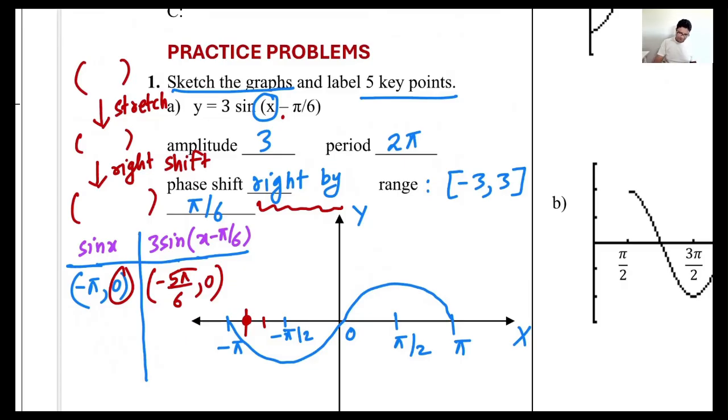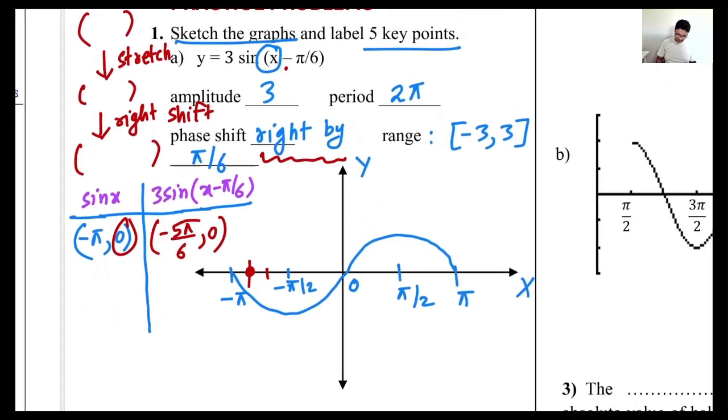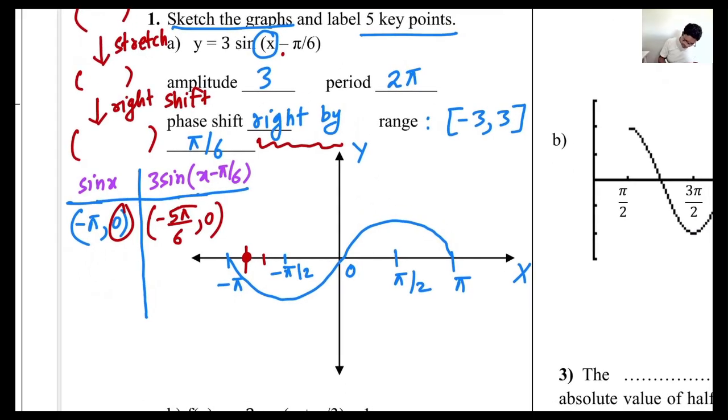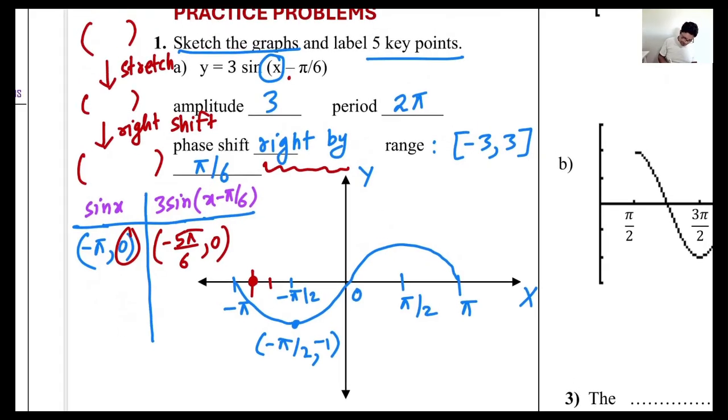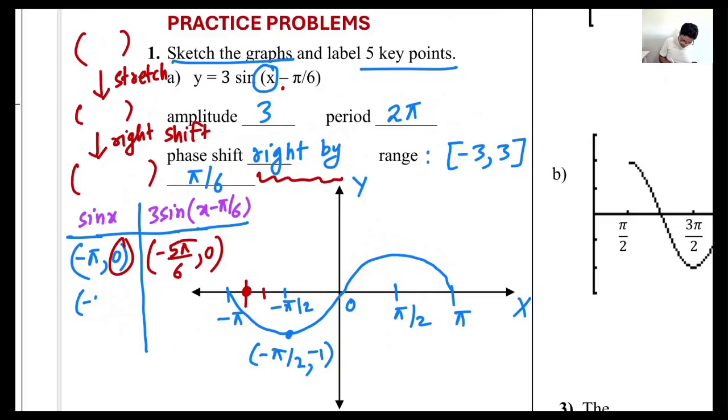And maybe I will also use a different color, so it will be clear. Now the next point you can take on the graph is at minus pi over 2, which is here. Let me just quickly write, I will erase it again. At minus pi over 2, the value is minus 1. Okay, that's my point. And so that's here, minus pi over 2 minus 1 in the original graph.